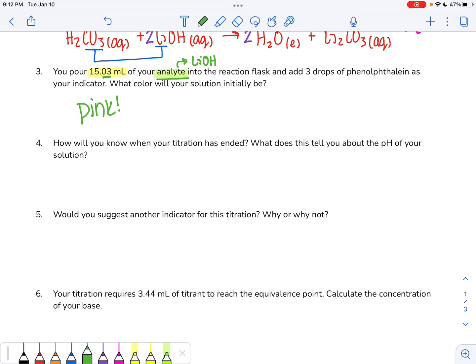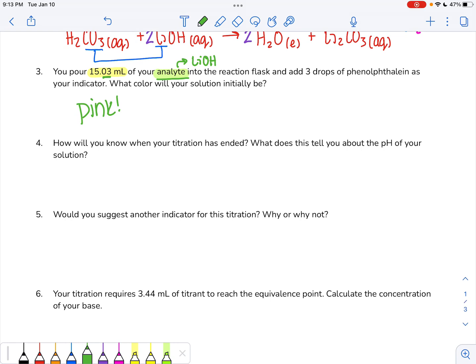If we're going the opposite direction now, we're trying to go from a color change of hot pink to clear. But if you keep adding more acid as your titrant, you can't get something to be more clear, which means it's super hard for you to determine if you've over-titrated your analyte. So if you wanted to get around this, you might want to suggest a different indicator that would tell you something more about the pH.